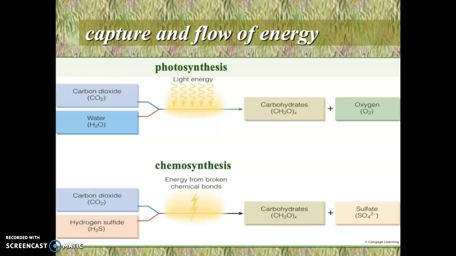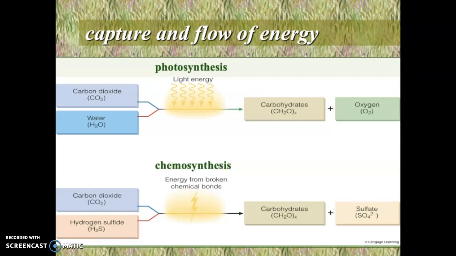So let's talk about this in a little bit more detail. These are the two general processes that allow the capture and storage of energy. So photosynthesis is what people generally are a little more familiar with. A cell that photosynthesizes can take carbon dioxide and water, and using light energy can then store it as a carbohydrate.